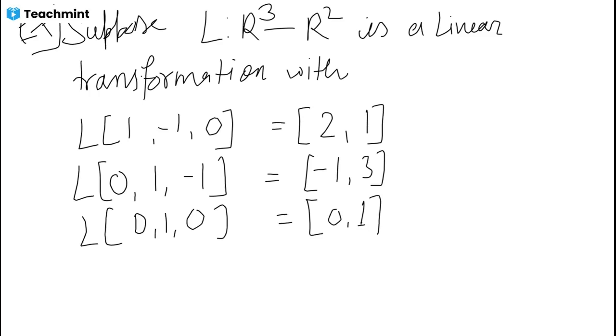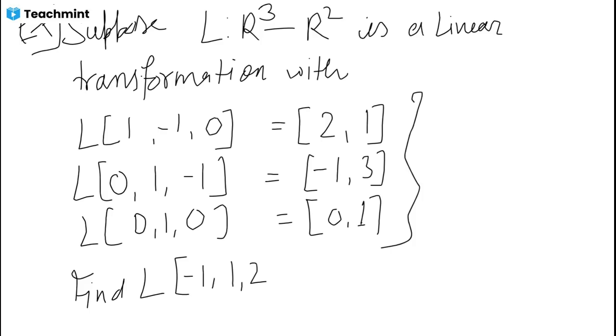Now this is given, and we need to find L of (-1, 1, 2). Now let us find it by using linear transformation. So how can we find it? Let us know.